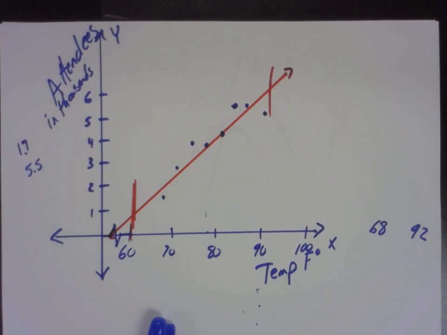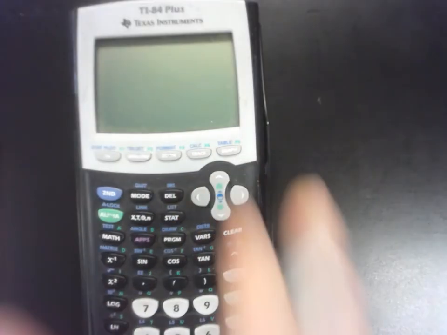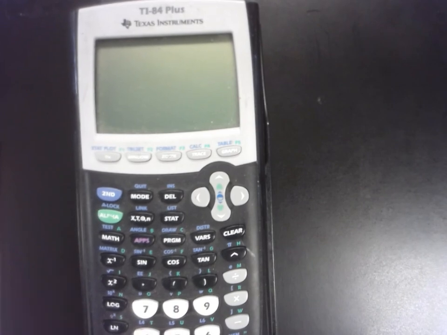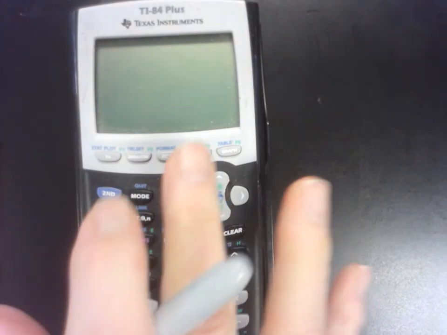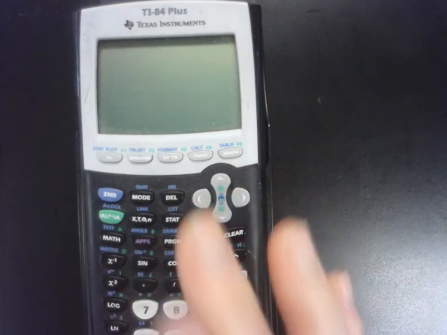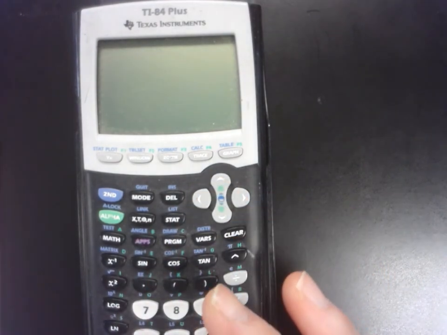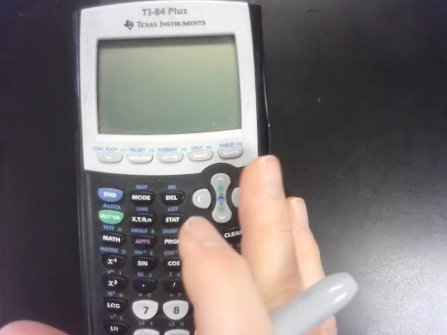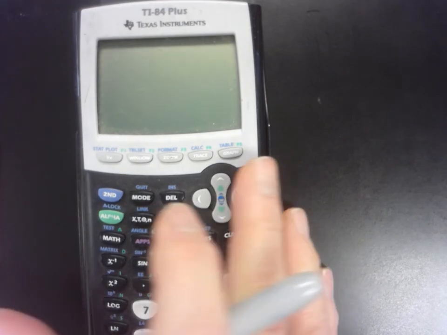We do use computers to help us with this. We can take a calculator like this and put those XY data points in and ask it to calculate a line of fit, and it'll come up with the one that fits best. But we're just practicing right now, so we're just kind of looking.